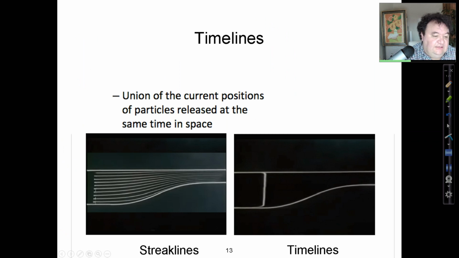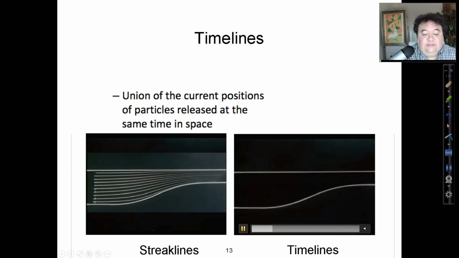This is a steady field, so there would be no difference with streamlines. What's interesting is the insight we can get from timelines, because if we release those particles in a particular front, we will see how that front evolves over time.